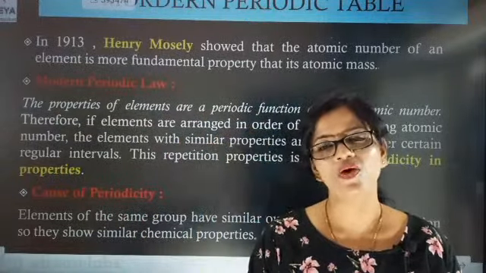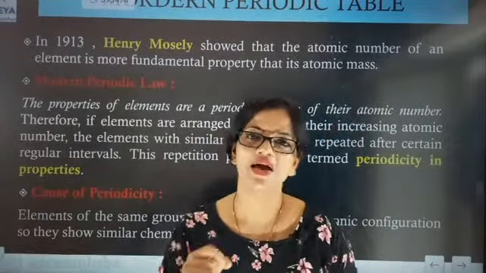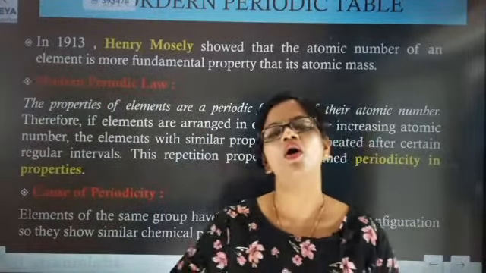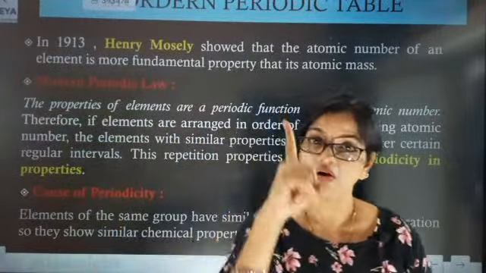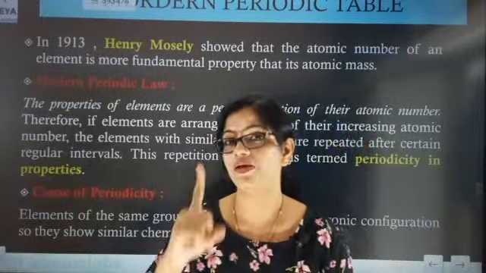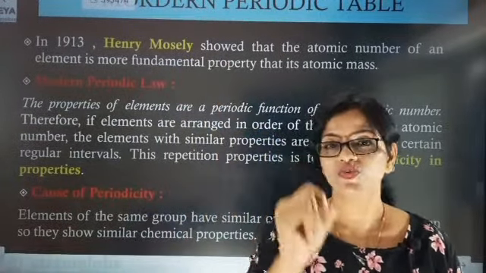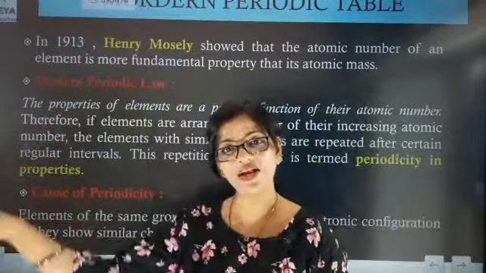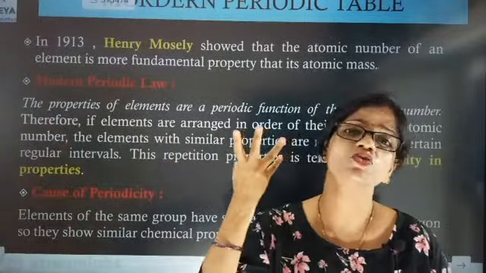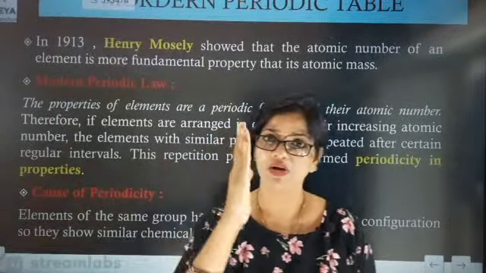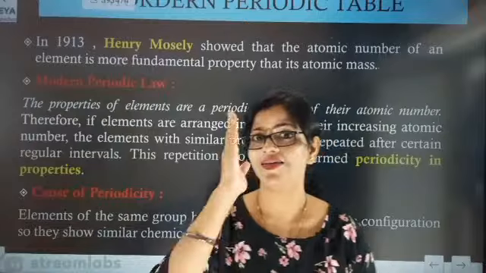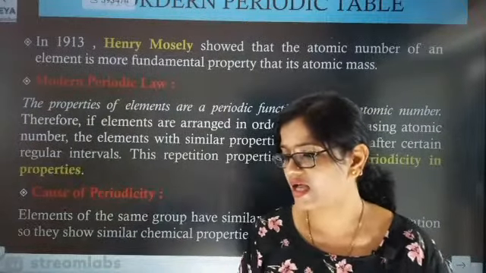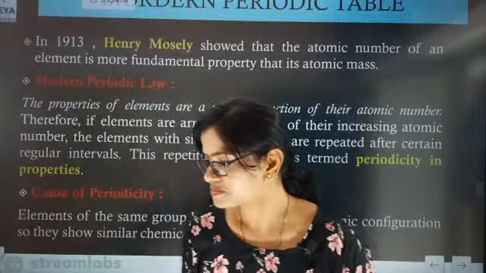So all group 1 elements, the alkali metals, have one specific criterion: to give one electron and gain the nearest noble gas configuration. Because of that, they are chemically similar.